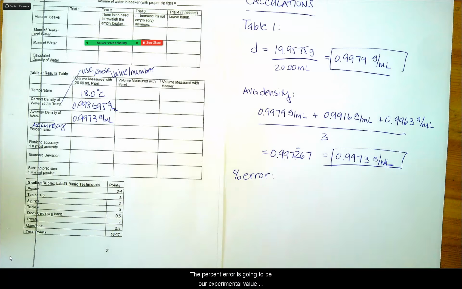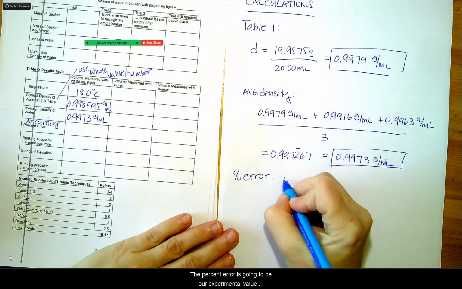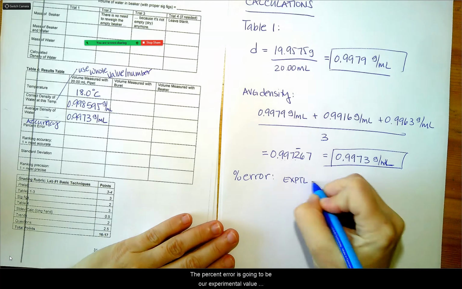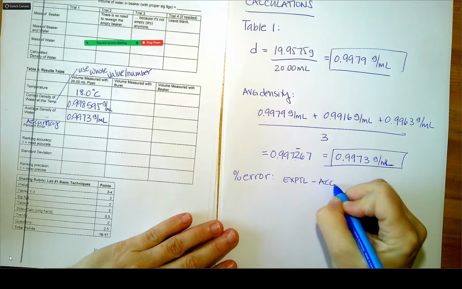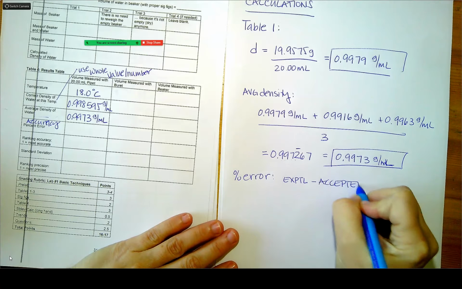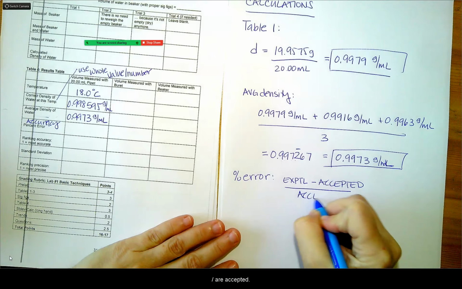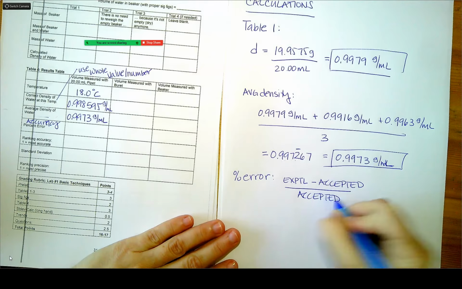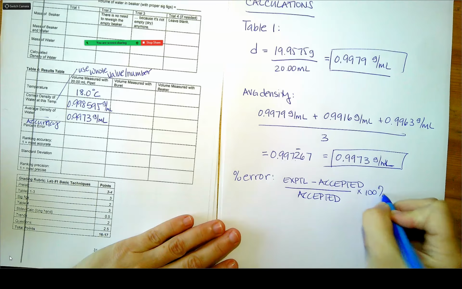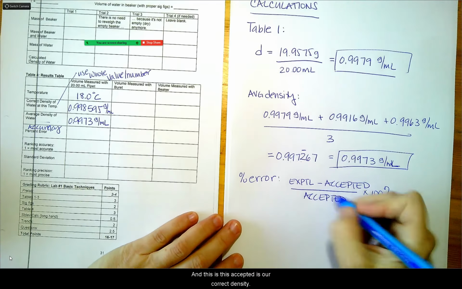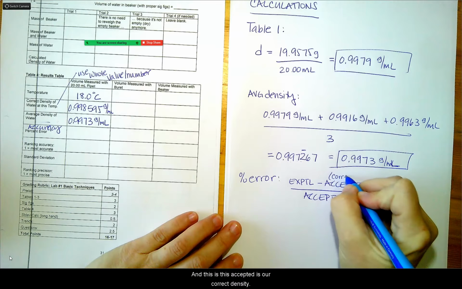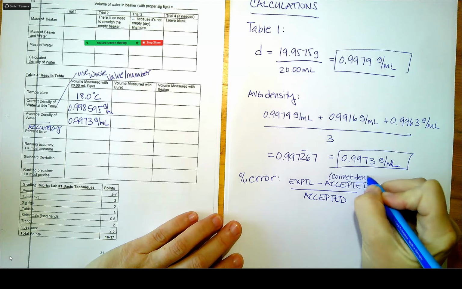Okay, so the percent error is going to be our experimental value minus our accepted, divided by our accepted, times 100%. And this accepted is our correct density from the table.